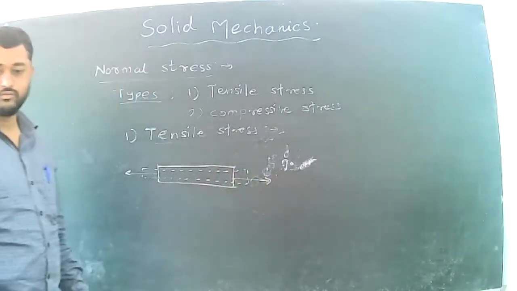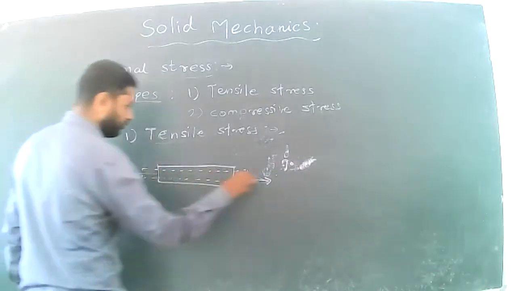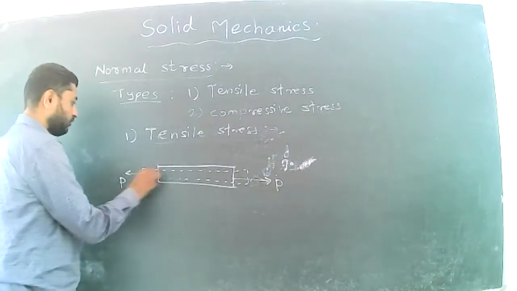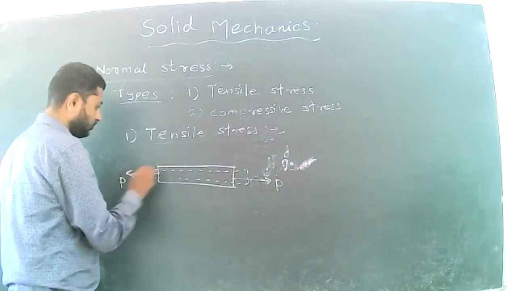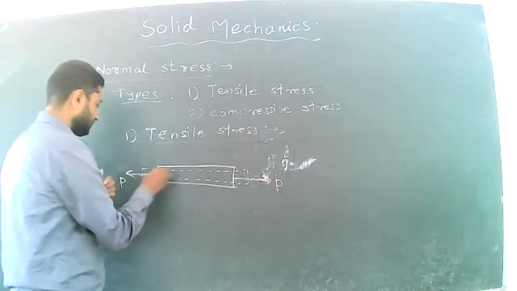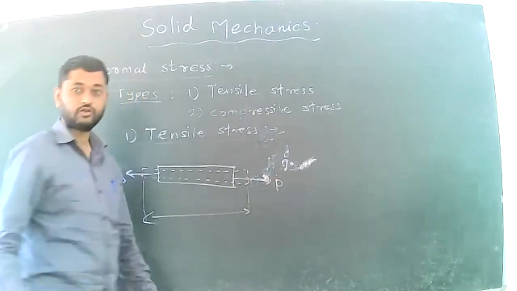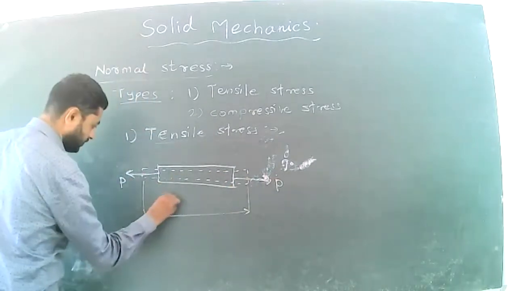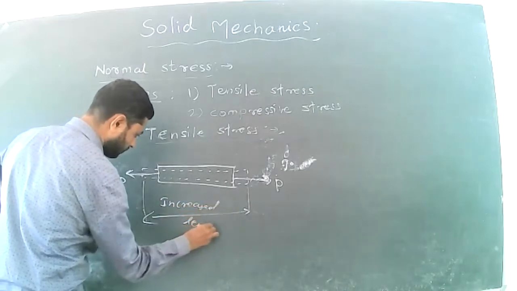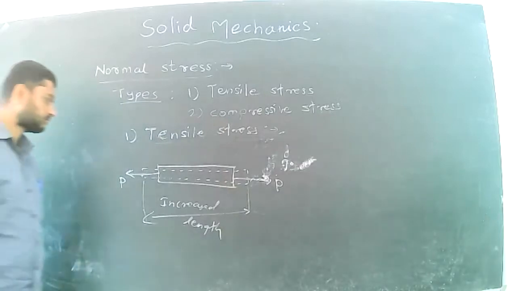When we apply a load P, two equal opposite pulls, to any body, what happens? The length increases. This is the increased length of the body.